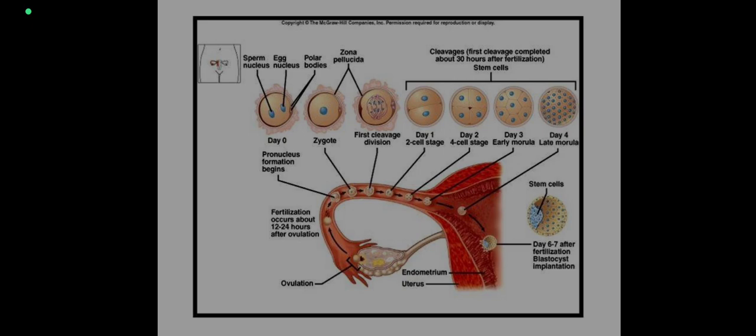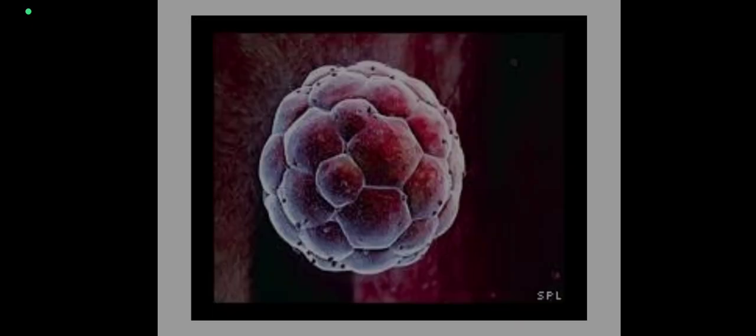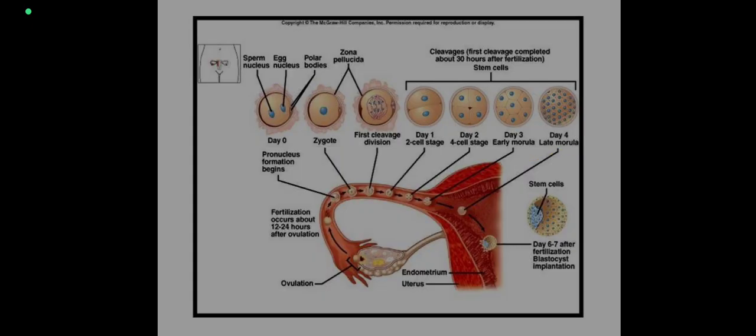This is the event of fertilization of an egg and sperm. When the nucleus of the sperm and egg combine, it forms a zygote. The zygote in the first cleavage division gives rise to a 2 cell formation, next 4 cell, next 8 cell, and next 16 cell, and after the 6th to 7th day it gives rise to the blastula stage.